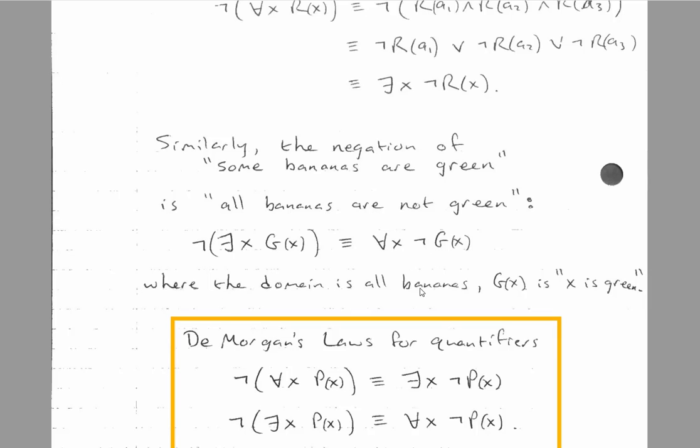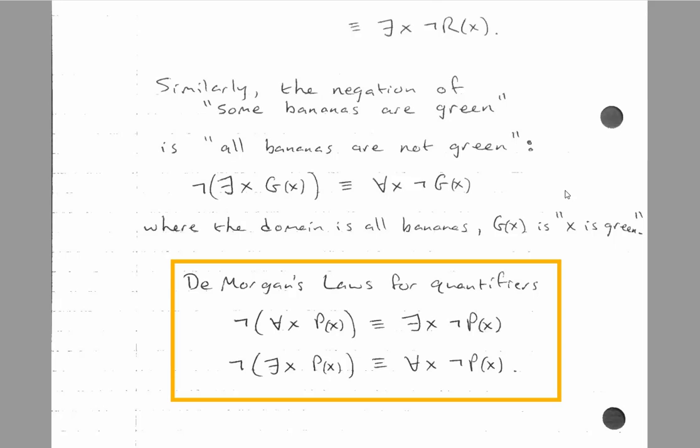Okay, yeah, we're here. The domain is all the bananas, and g of x says x is green. Alright, so it's the same thing happening, that the quantifier switches and then the not moves inside.